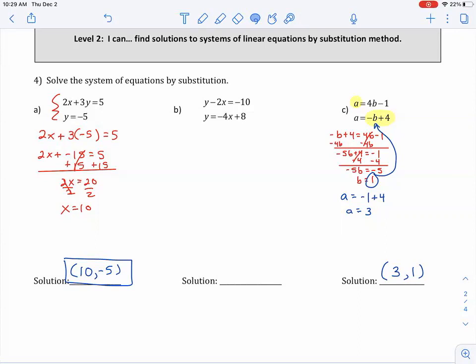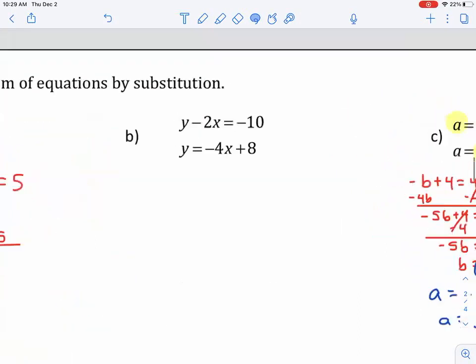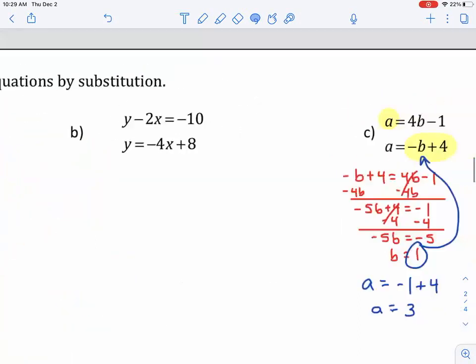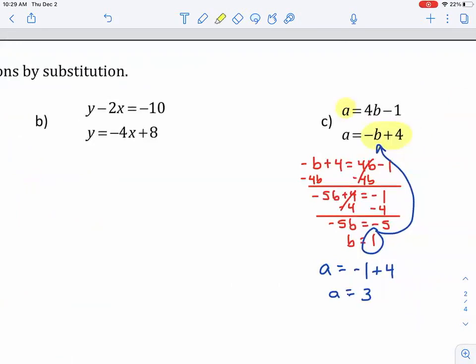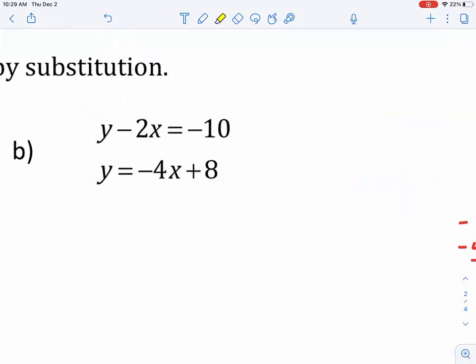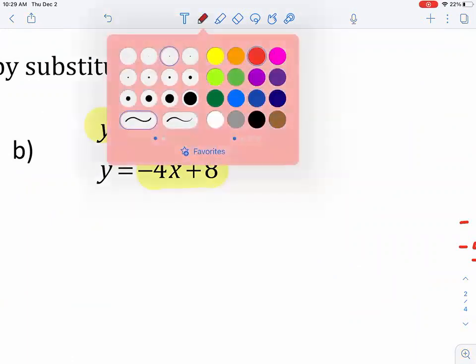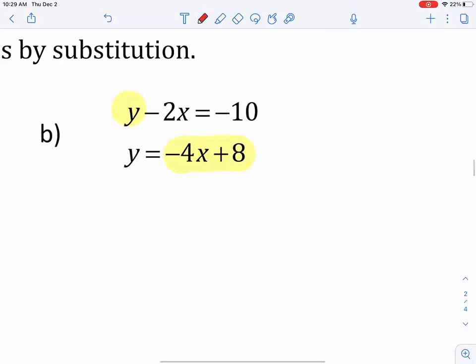All right, so for part B, we're going to make a substitution. Just like we did before, where we substituted this part in for A, we are now going to take -4x plus 8 and substitute that in for y. So once we do that, we get -4x plus 8, and then -2x is equal to -10.